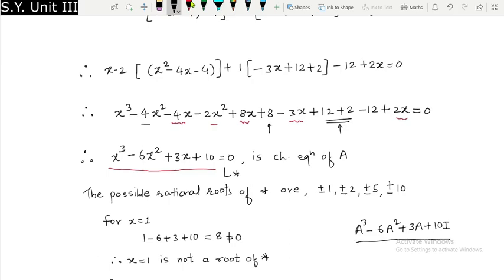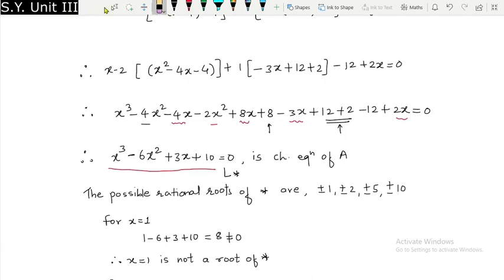And if you calculate this, you already have matrix A, so find A cube and A square, and simply put the values of A cube, A square, A in this equation, and if you do the calculations, you will get a zero matrix. Remember, the 0 on the right hand side is a 0 matrix, and this 0 matrix has the same order as the order of A. So I hope you got my point.